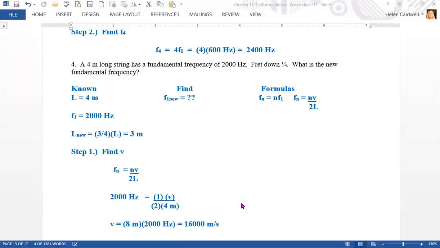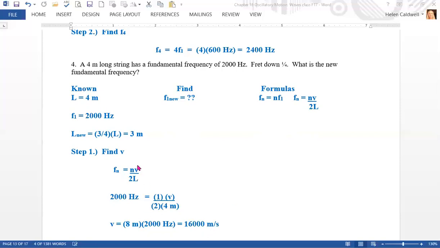And changing how long does not change the speed with which the vibration travels through the string. So once you find the velocity, you know it for that string, even if we cut it in half or quarters or 16ths, it doesn't matter. Once you know the velocity, you always know the velocity for that particular type of string. So 16,000 meters per second.